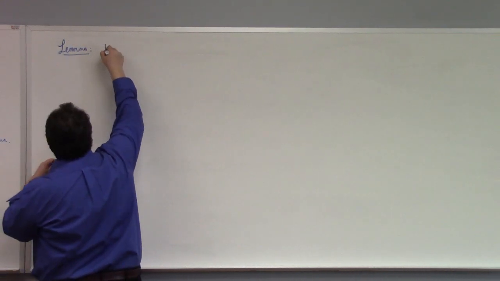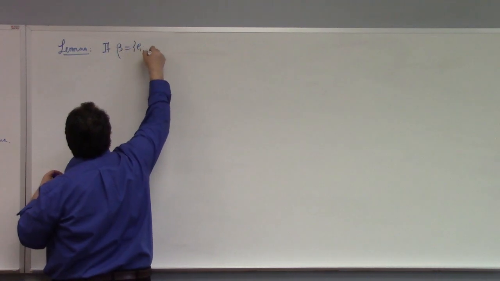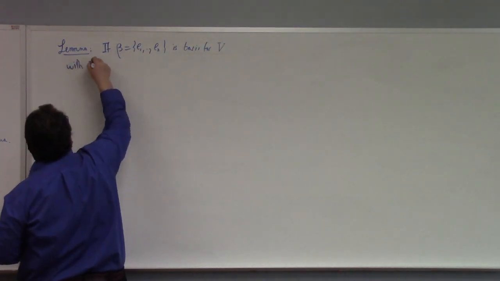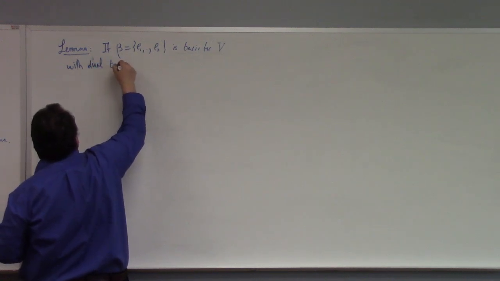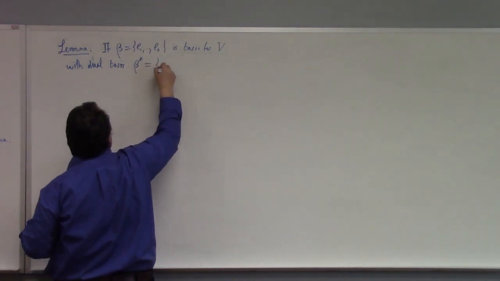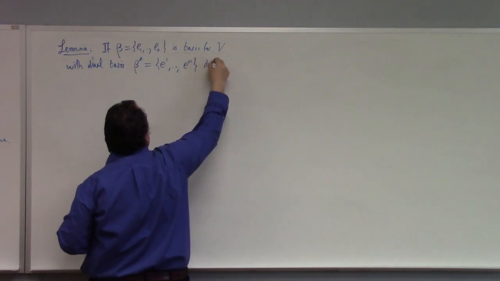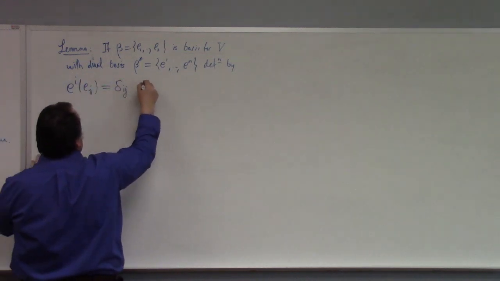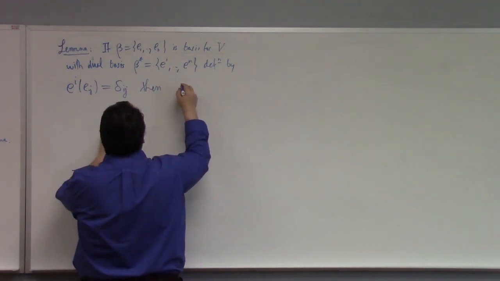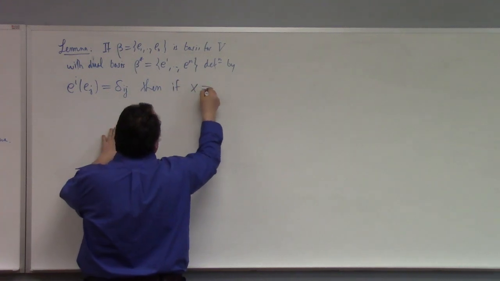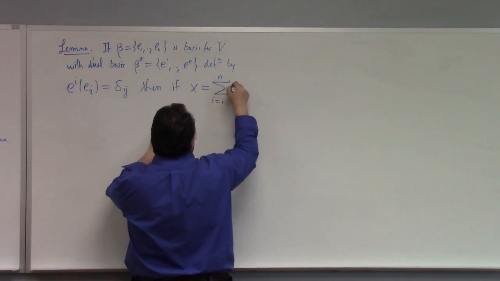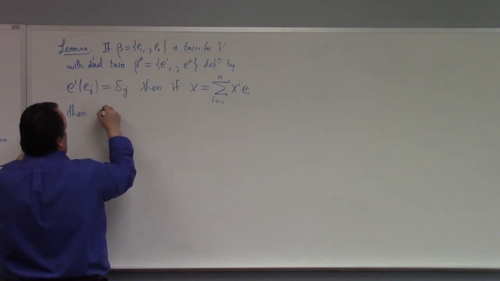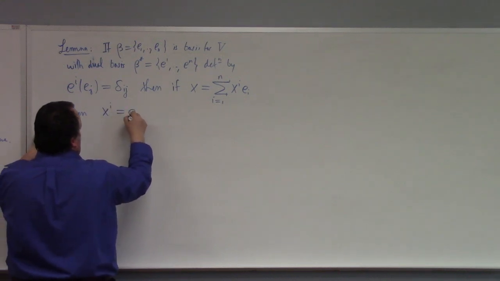All right, here's the lemma. If beta equals e_1 through e_n is a basis for V with dual basis beta dual equal to e upper 1 through e upper n, defined by e upper i acting on e lower j equals the Kronecker delta ij, then if x is equal to the sum, i equals 1 to n, of x upper i e lower i, then x upper i is in fact equal to e upper i acting on x.